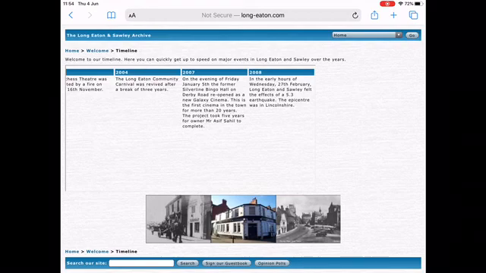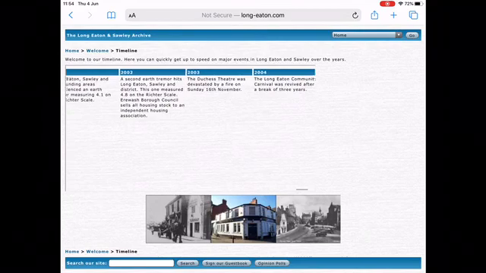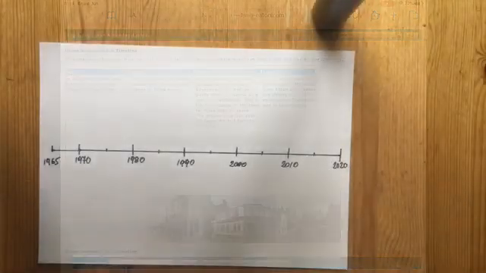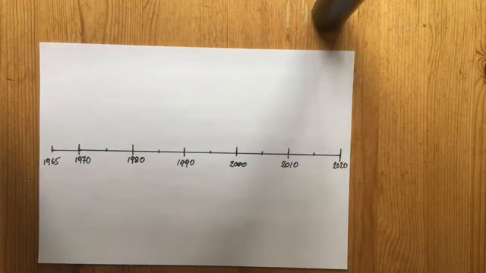So, there are a few facts about Long Eaton. You see how beautifully ordered this timeline is. But I think we need some more information. So we have done our research and made some notes, and I hope a lot of you have talked with your family about some important events in your life.